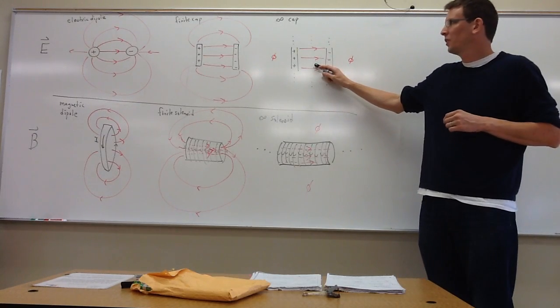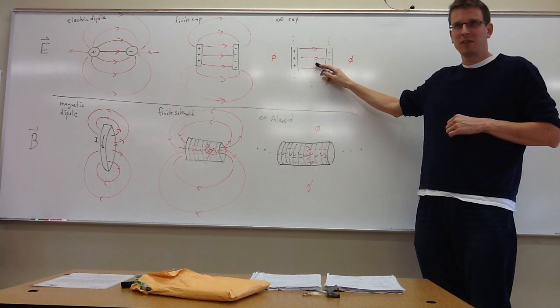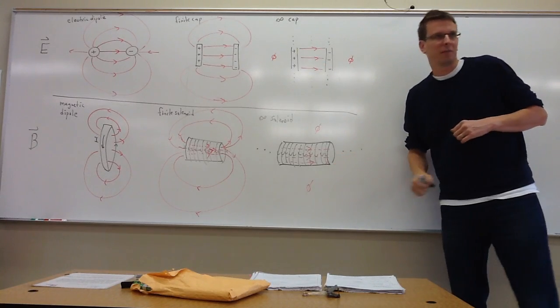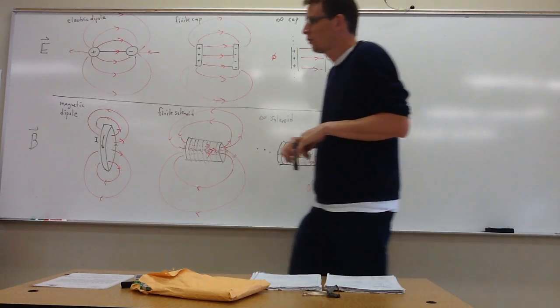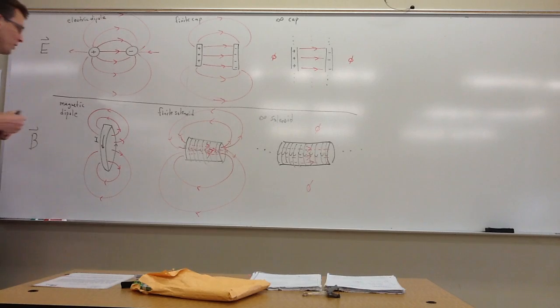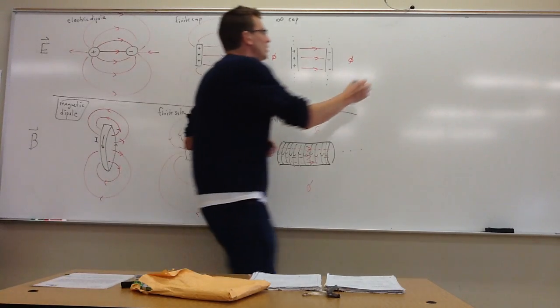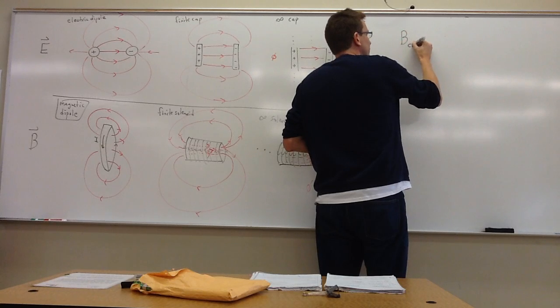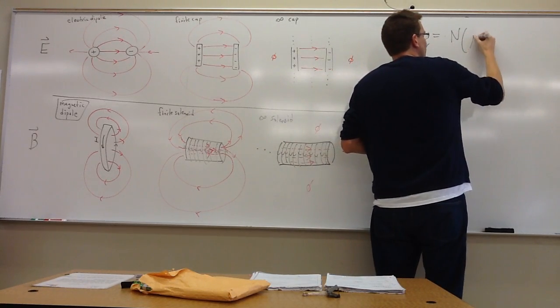To get a uniform field, we needed an infinite plane in this case over here, and same thing over here, we needed some kind of infinitely long tube. So, let's talk about the formula. We know the formula for this. For the magnetic dipole, we said that we can only find the magnetic field in the center because it's certainly not uniform, and I give you this equation.